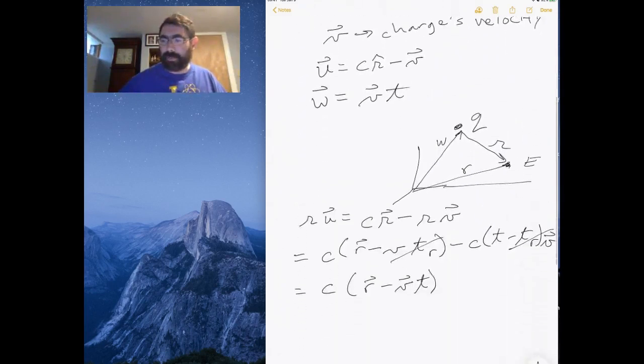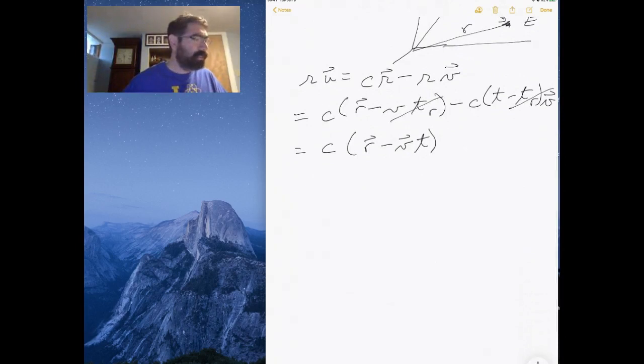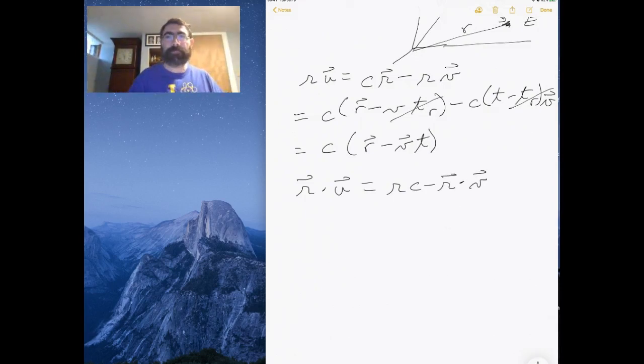Now if I look at the denominator, it says script r dot u, and that's going to give me r c minus script r dot v.